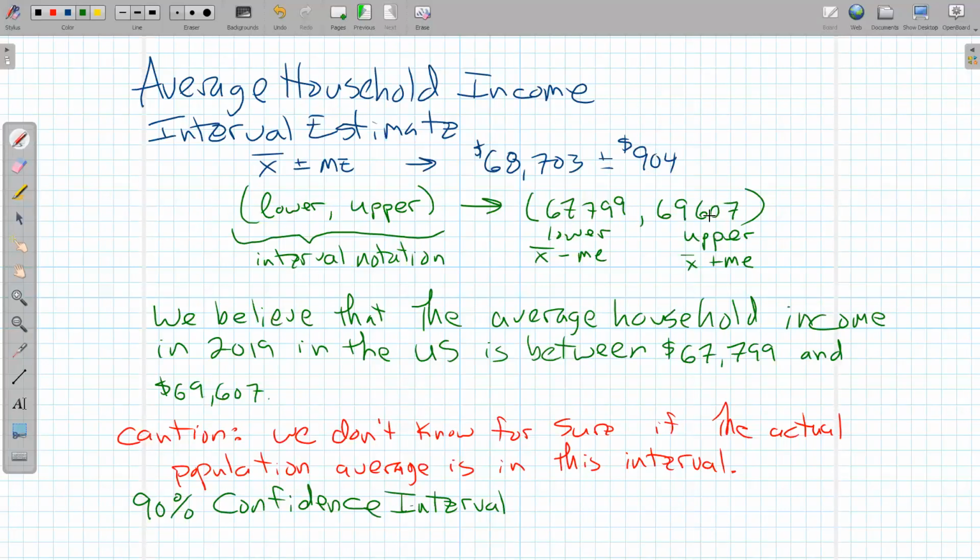It's just, if we did 100 other samples just like this, 90 of them would actually get the real population number, 10% won't, and we never know. So that's the interpretation. I'm not really worried about that today, so I'm not going to write it down right now. I'm going to talk more about that in the next class. Right now, I just want to get some data and make these estimates. So let's look at another example.